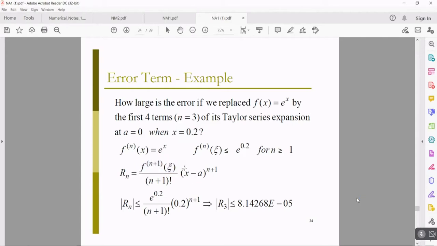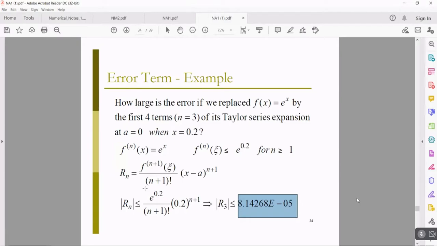And what about this? Here x is 0.2 and a is 0. So it is like 0.2 raised to power n plus 1. And after simplification, you will get this one. So if you have used n equals 3, that is 4 terms taken from the Taylor series expansion of e raised to power x, then the maximum error you will get is this one.